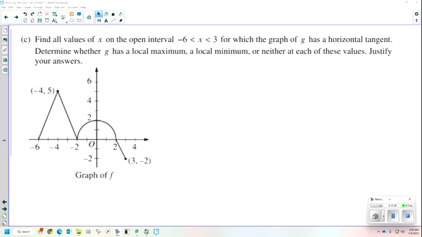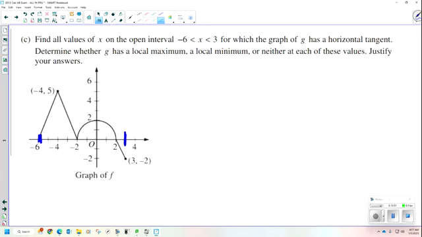All right, let's begin. Here we go. So let's break apart what they're asking us. Find values between negative 6 and 3. Negative 6 is here. 3 is here, so that's pretty much exactly what they gave us. That's where the graph goes.